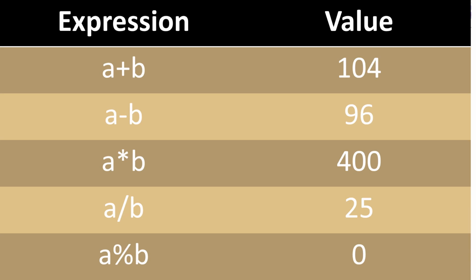For example, since we have considered a as 100 and b as 4, a plus b will give 104, a minus b will give 96, a into b will give 400, a slash b, that is a divided by b, will give the value 25, and a mod b will give the value 0, because when 100 is divided by 4, the remainder is 0.